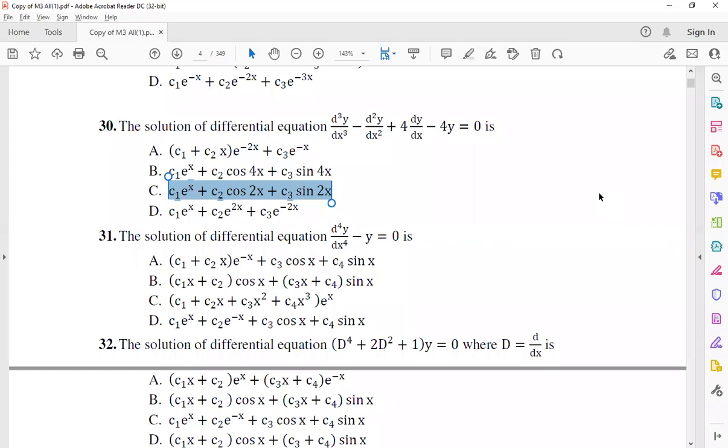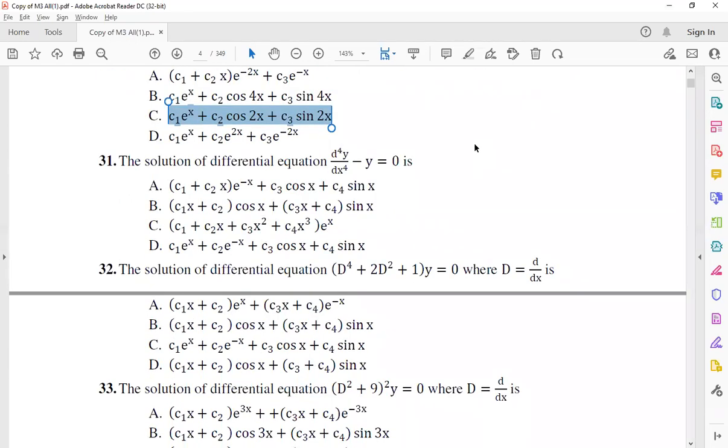Roll number 13, Pranali, do you understand this? Yes, ma'am. Roll number 17, do you understand? Yes. Roll number 20, Tushali, do you understand?